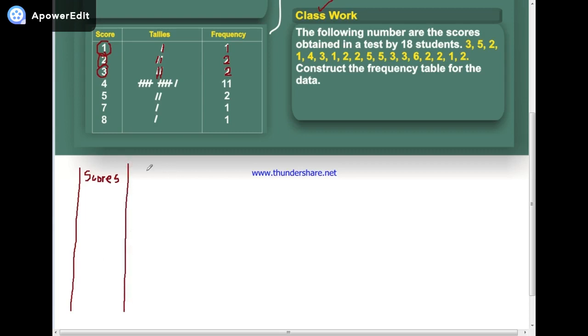So the next one will be tallies. Now the next one will be the column of frequency.